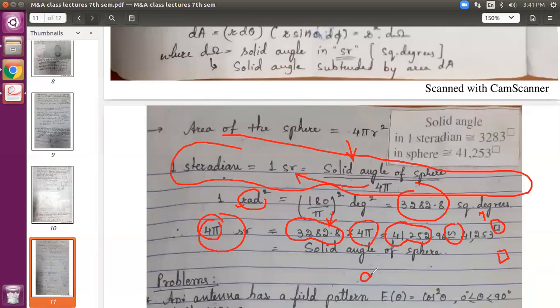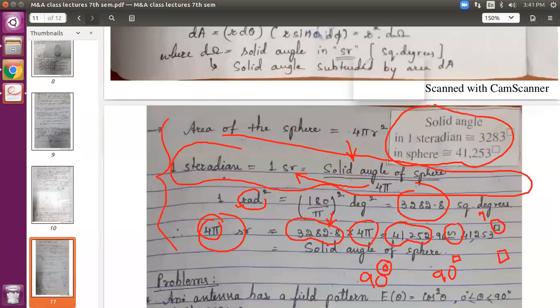Whenever you write any angle, for example 90 degrees, this circle indicates a degree. So this indicates square degrees. This is the solid angle of the sphere. In short, 1 steradian is 3283 square degrees, and the sphere is approximately 41253. Some simple calculations which you may need in problems.